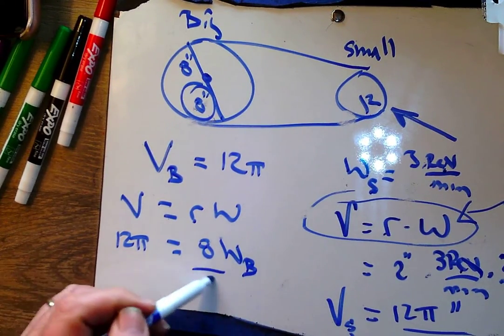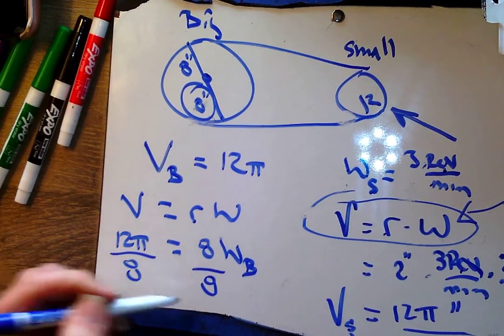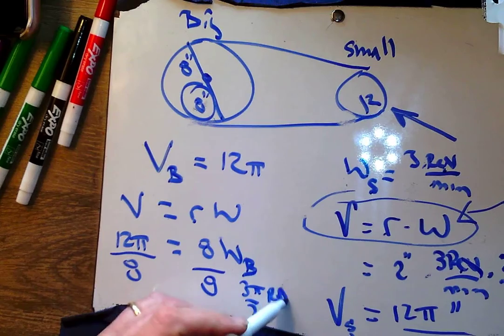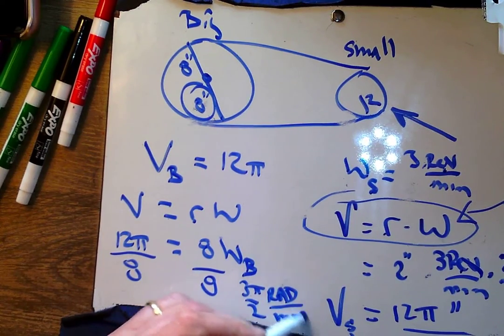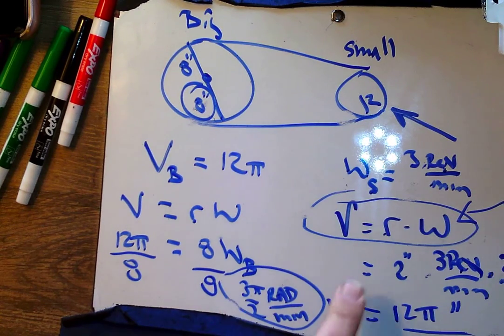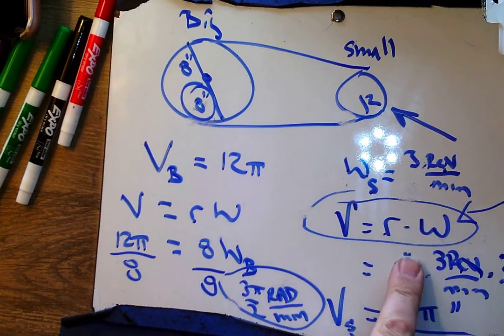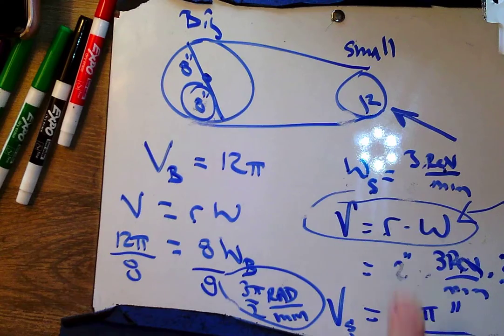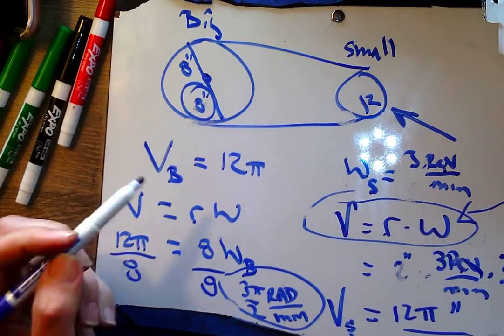Well, if I divide both sides by 8, I end up with 3 pi over 2 radians per minute. And that angular velocity is different from this one. This one was 6 pi radians per minute, and this one is a quarter of that.